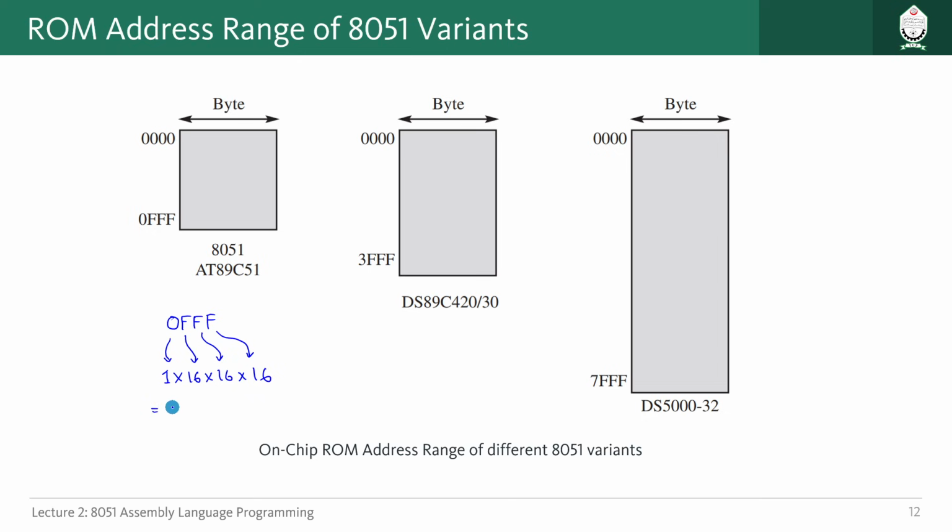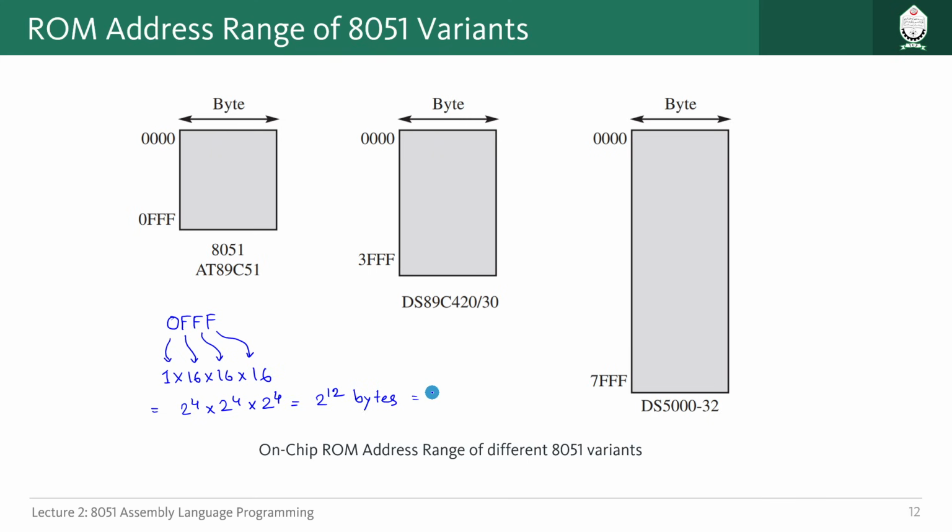Now you can convert that to 2 to the power 4 multiplied with 2 to the power 4 multiplied with 2 to the power 4, and finally you are going to get 2 to the power 12. And you should say bytes, because each of the locations here is 8-bit memory, right? So that's why bytes.